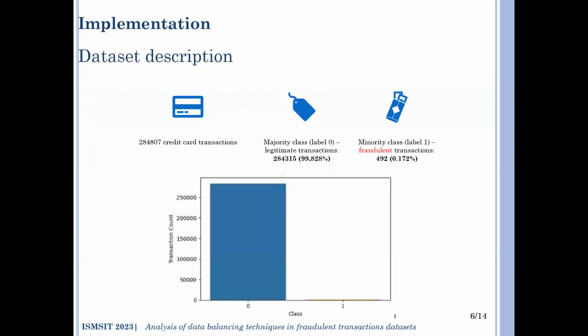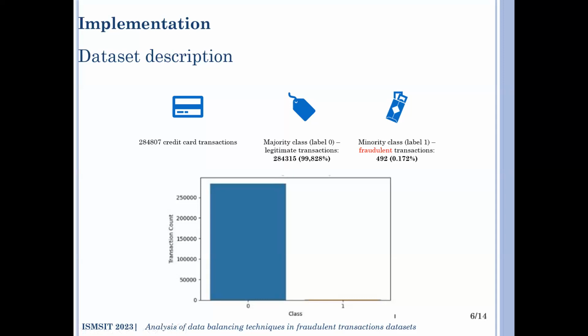So let me talk to you about the data set we used. We used the publicly available data set from the Kaggle platform. The data set consists of almost 300,000 credit card transactions, out of which the vast majority, more than 99%, is represented by the majority class.